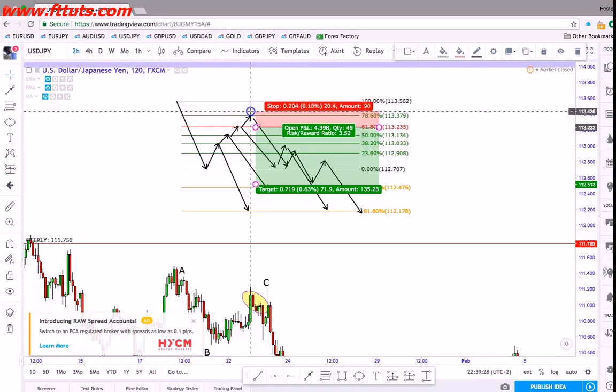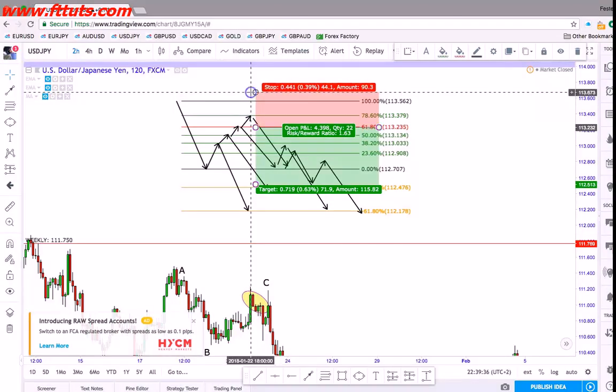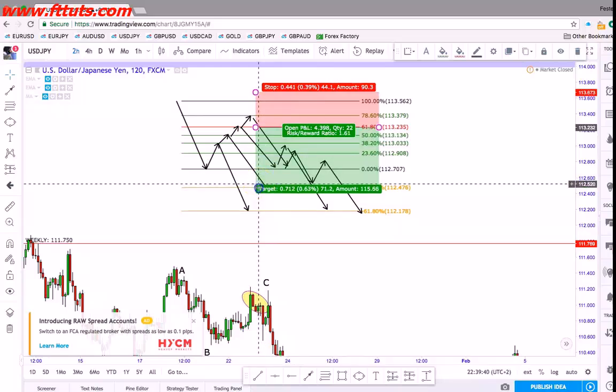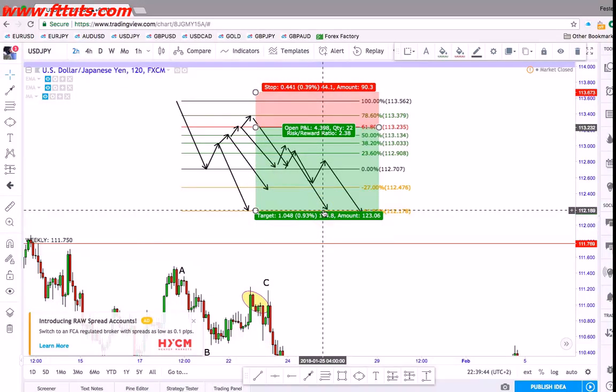So where should your stop loss be? 30 pips above that price, which would be 113.679. So your stop loss would be something like this up here, right? Now your stop loss count is 44, and your take profit count is 104.